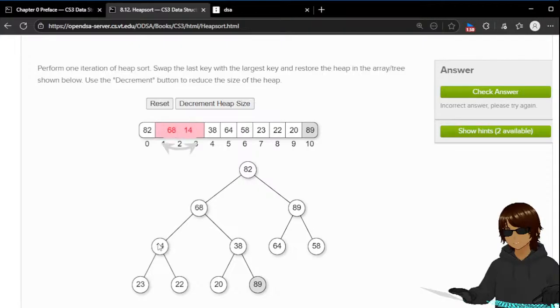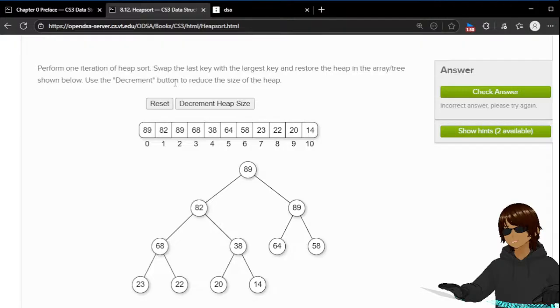copy this, copy this, copy this. What? Perform one iteration of the heap sort. Swap the last key, the largest key, and restore the heap in the array tree shown below.